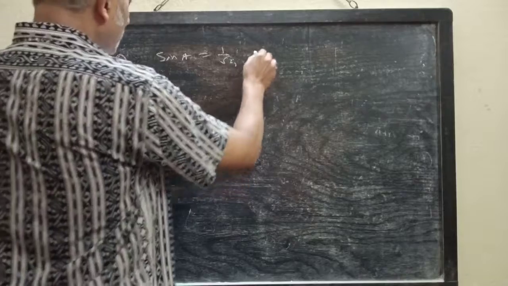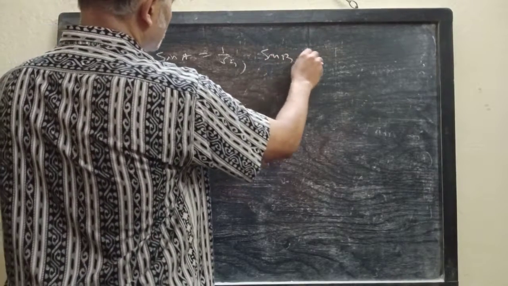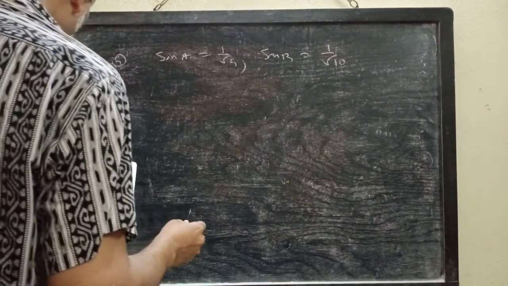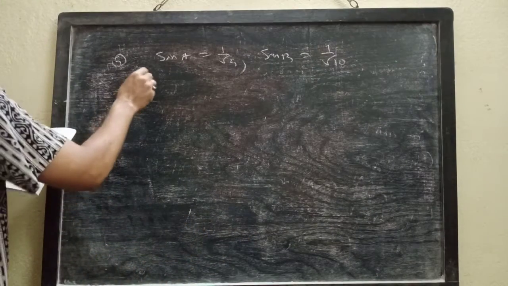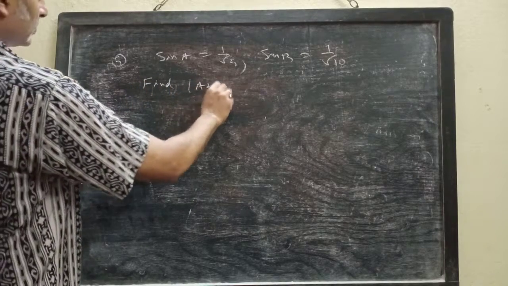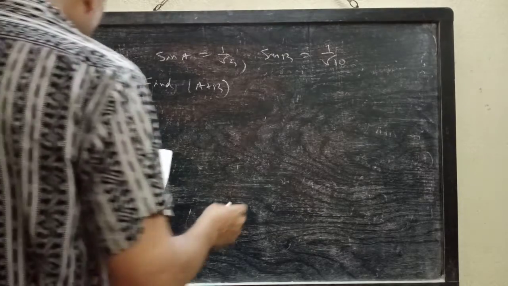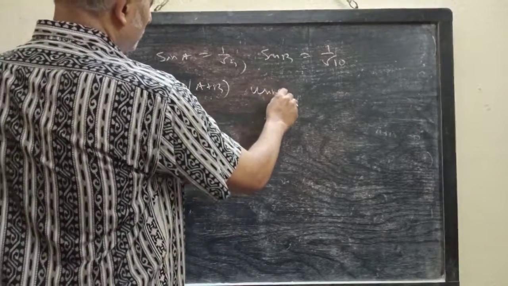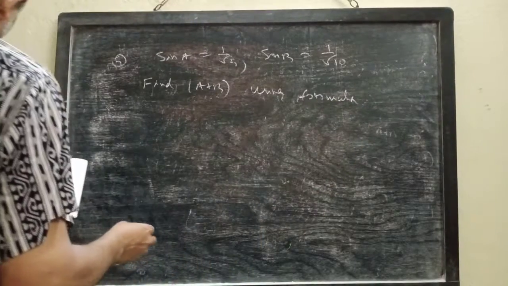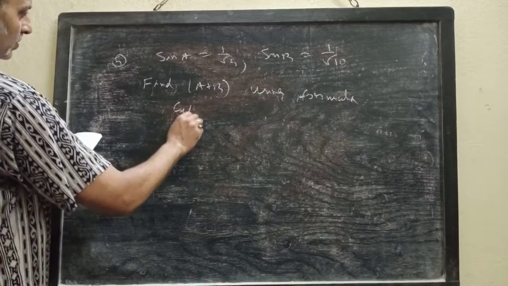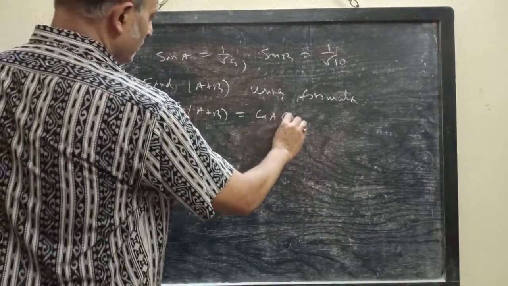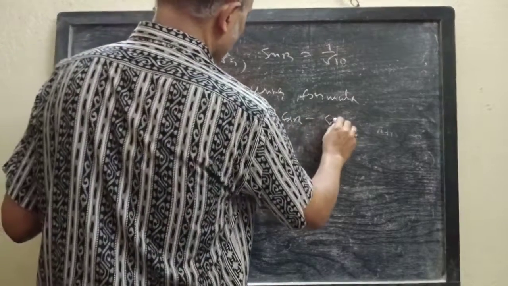Sin B equals 1 by root 10. Find A plus B. Using the formula, cos of A plus B equals cos A cos B minus sin A sin B.